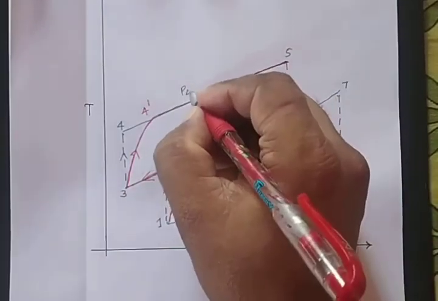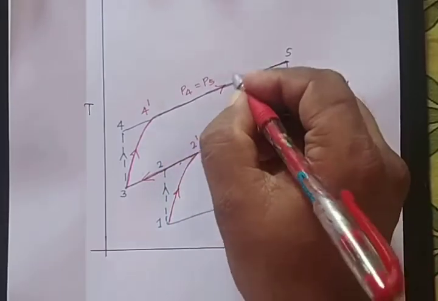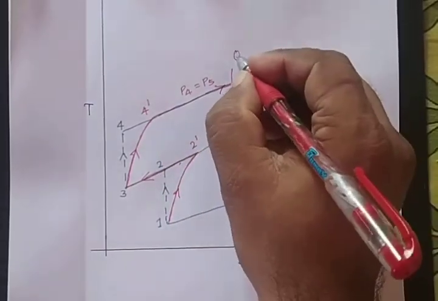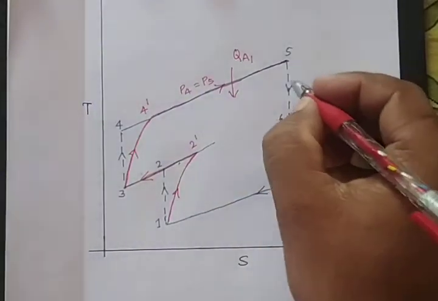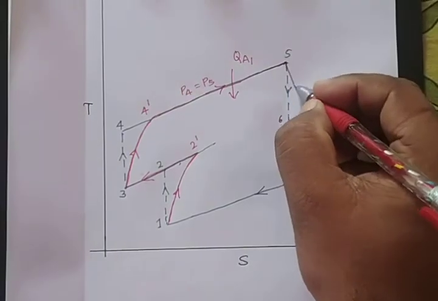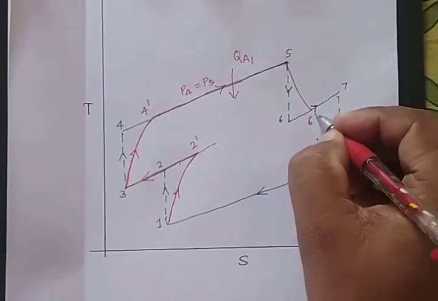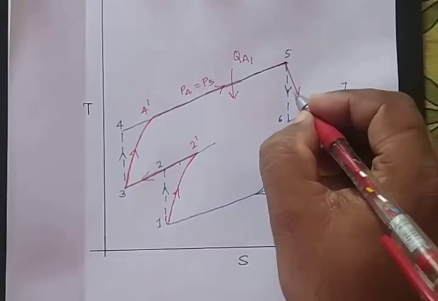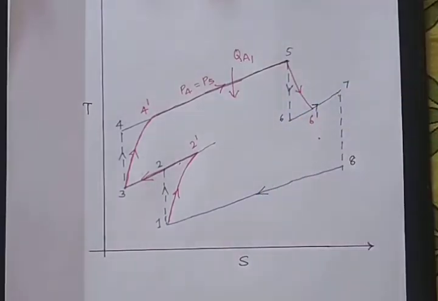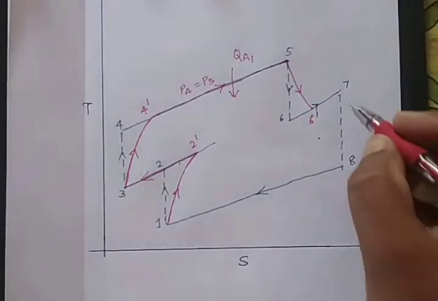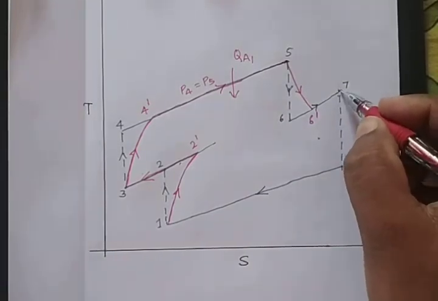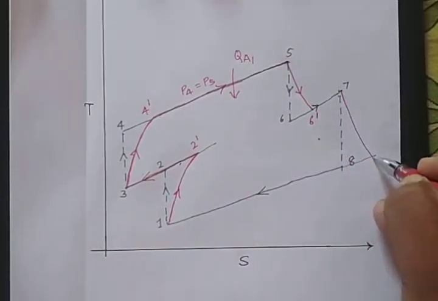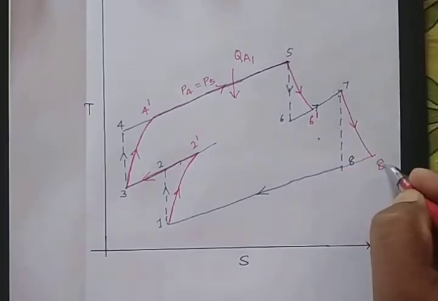I will write it as P4 equal to P5, and this is what is QA1 or QS1, how you write the notations. So again from 5 to 6 dash, the actual expansion takes place in the turbine. And then again the same case with the second stage expansion from 7 to 8 dash.